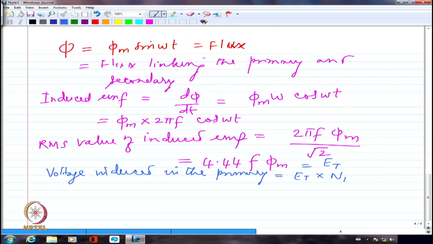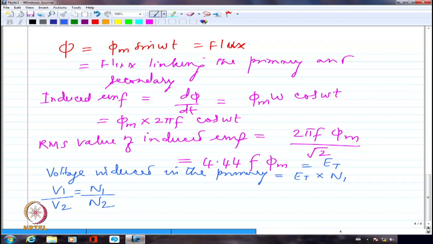So ET multiplied by N2 will be the voltage induced in the secondary. From which I should be able to say V1 by V2 is equal to N1 by N2, which is the basic voltage equation of a transformer. Right? Is it fine?